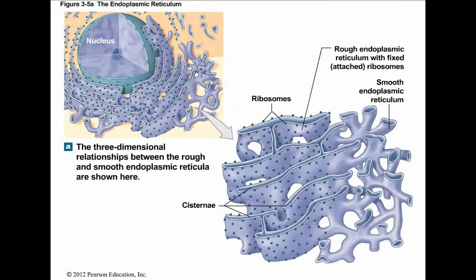So here's another diagram showing you the endoplasmic reticulum and the cisternae. You can see that it's a network, and the endoplasmic reticulum are the little blue baubles that seem to be attached to the cisterna. And they're involved, as we said, in the synthesis of carbohydrates and proteins.